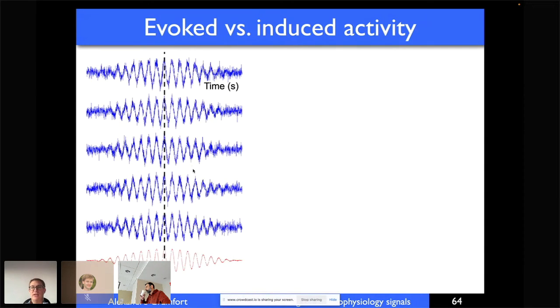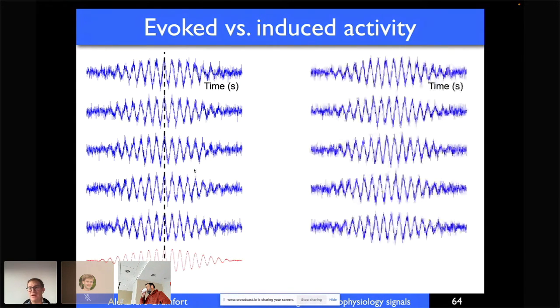Now, if it's not the case, like illustrated here, you see that at a given time instance, sometimes you're in the trough of the oscillation, sometimes at the peak, sometimes in the downhill part, sometimes in the up part, which means that by averaging in the time domain, you'll get a very weak signal. On the left, you have a so-called evoked, phase-locked response, and on the right, an induced response, which is not phase-locked.